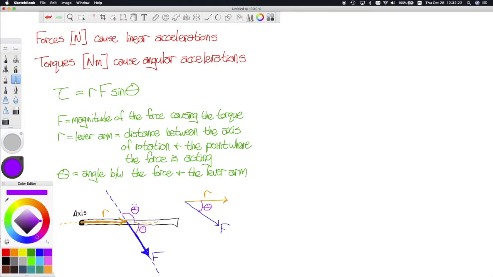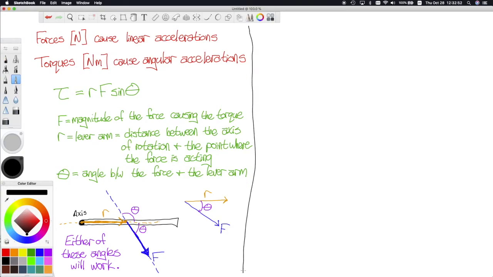But it turns out that this other angle, the one over here, would work just as well, because the sine of those two angles is going to be the same. So that's the basic idea, the definition of torque, and how we find it.